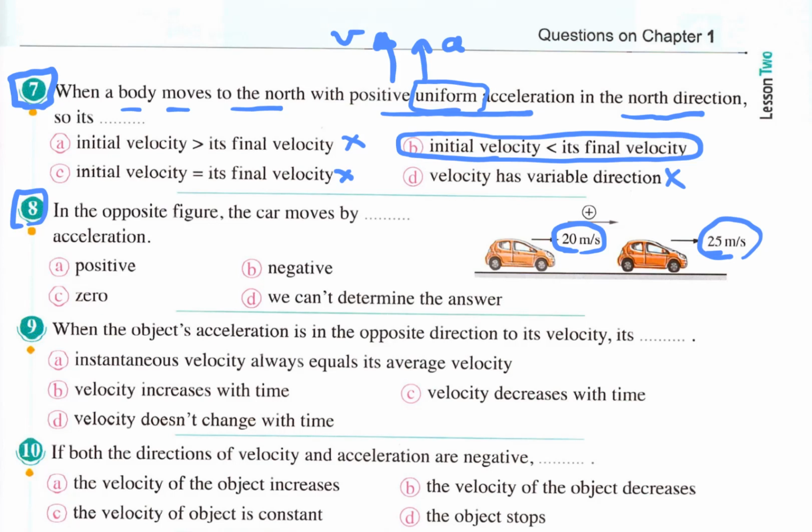So the acceleration is positive. This is wrong, it is not negative because the velocity increases. This is wrong because velocity changes. We can't determine the answer, this is wrong because we know that the acceleration is positive.